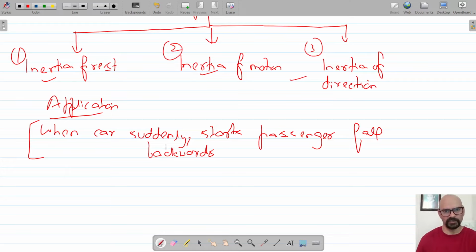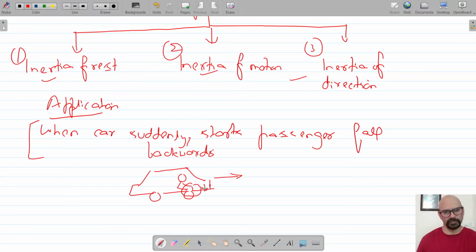So when the car suddenly starts, let's say like this is a car and the passenger is sitting in the car. Let's say this is the lower part of the passenger, or lower part of the body. Now, when the car suddenly starts, the lower part of the passenger is in contact with the floor of the car.